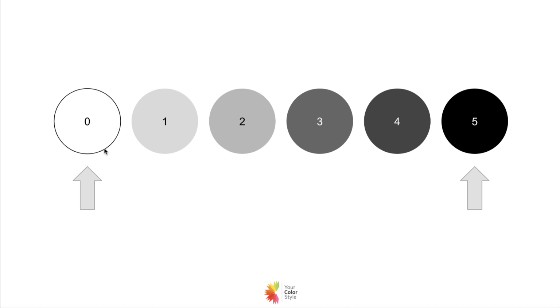And the further away the colors are on this line here, the higher the contrast. So 0 and 5 are the furthest away on this line and therefore have a high contrast. The closer the colors are together, like a 0 and a 2, the lower the contrast.